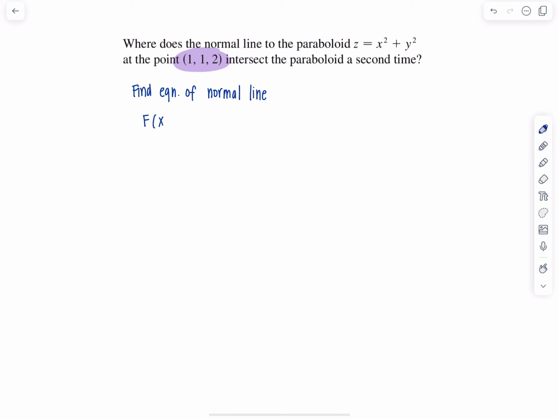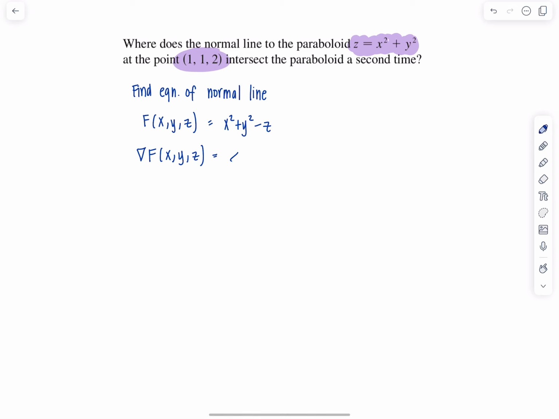I'm going to call F of x, y, z, x squared plus y squared minus z. That way I can compute the gradient, so just set all the terms on the same side. Now I'm going to compute the gradient of capital F. The gradient will give me a vector normal to the surface, and that vector will be the direction vector for my normal line at the point (1, 1, 2).